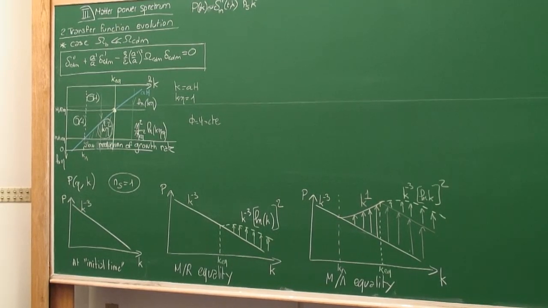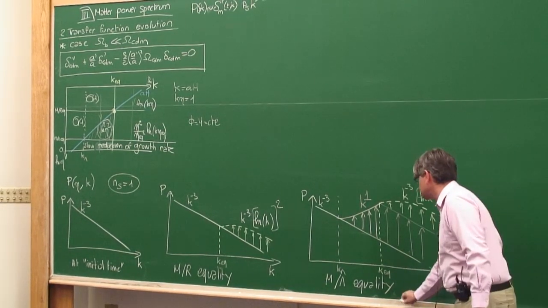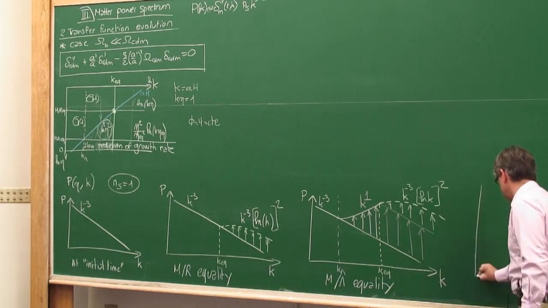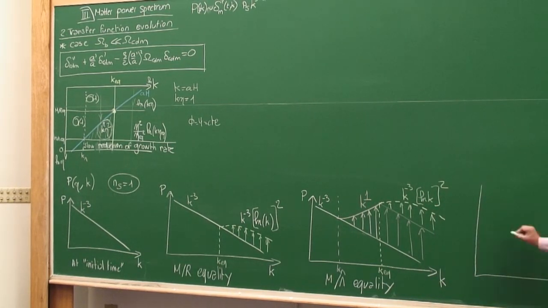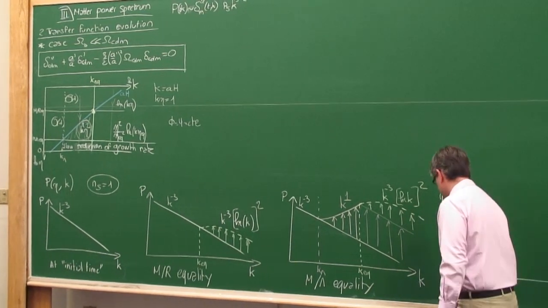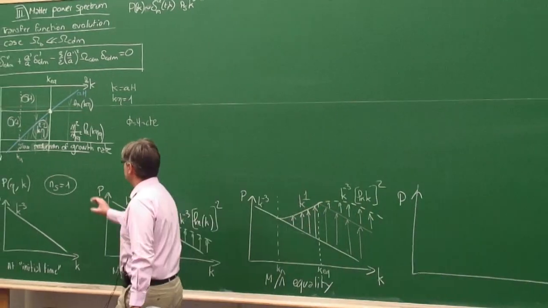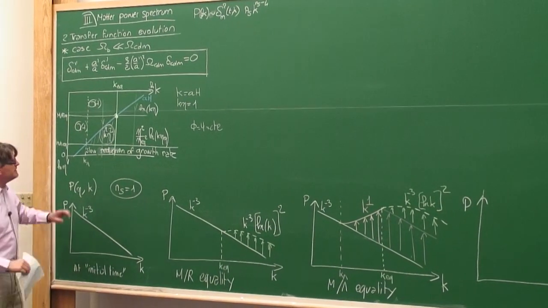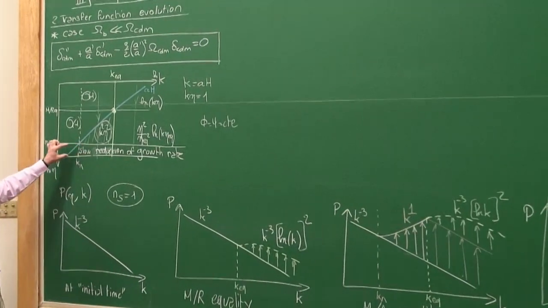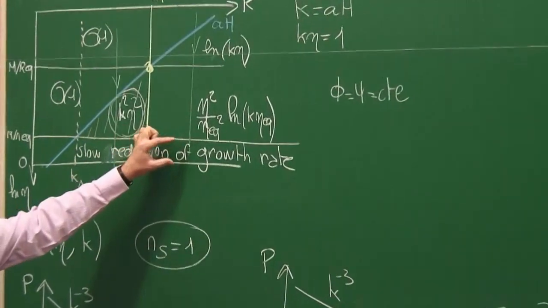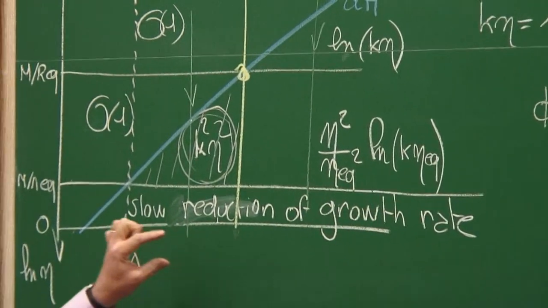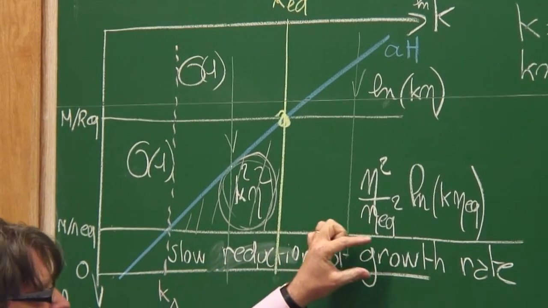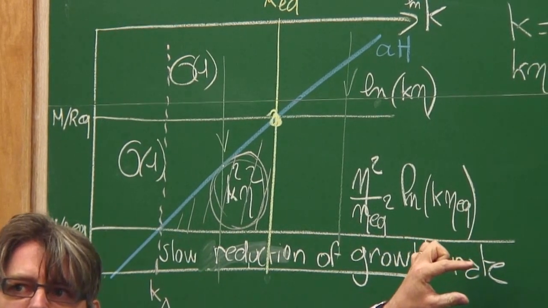Okay, and now if we look today, the shape is essentially the same. The only thing which happened between here and here is that the growth rate was reduced. However, it's reduced by the same number for all scales. Here, the reduction of growth is scale independent during lambda domination.